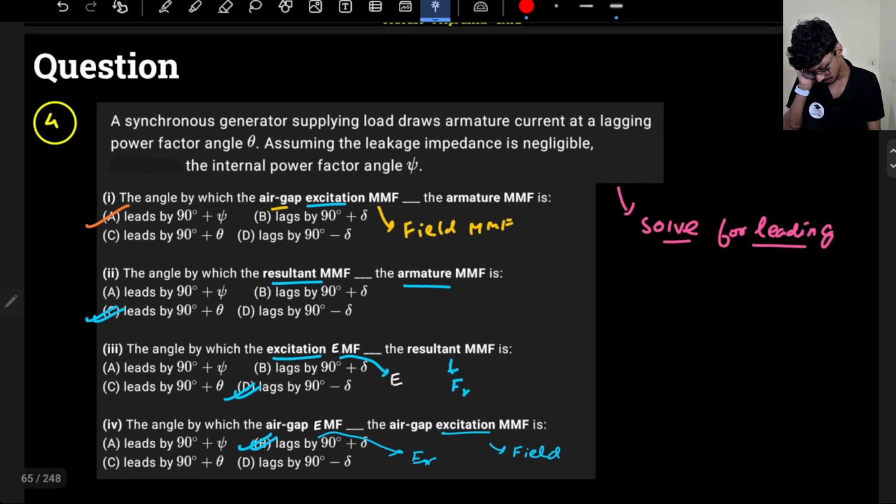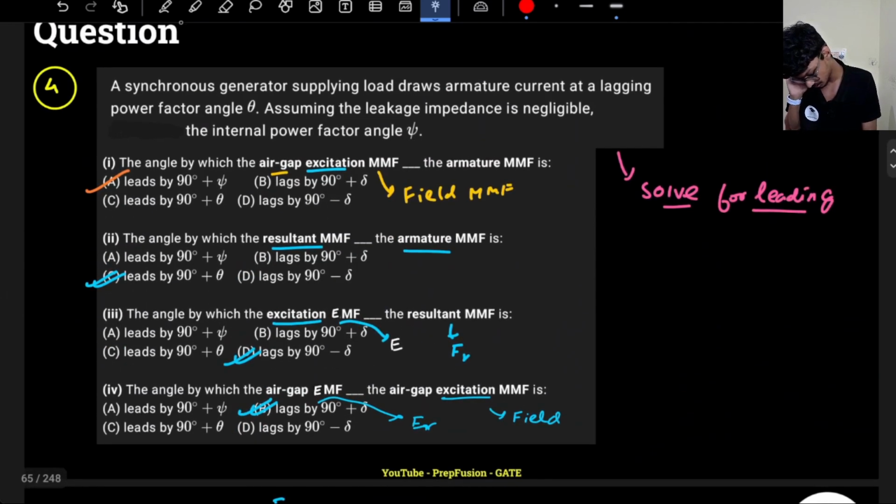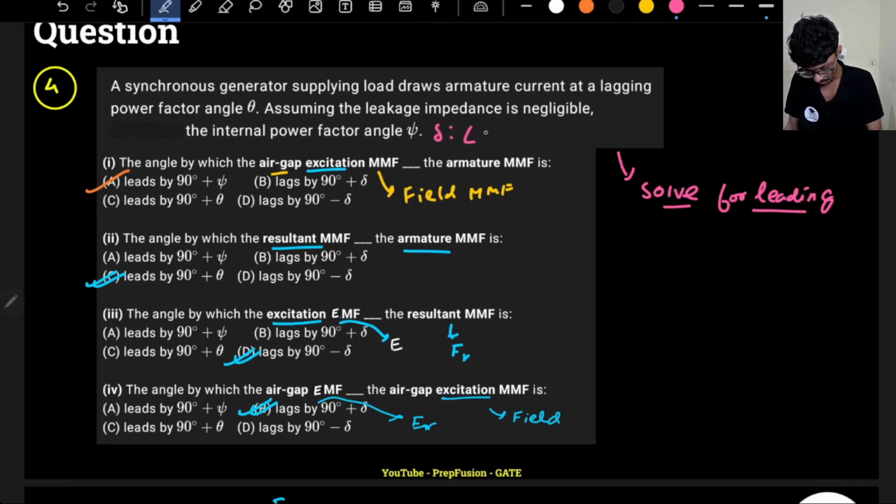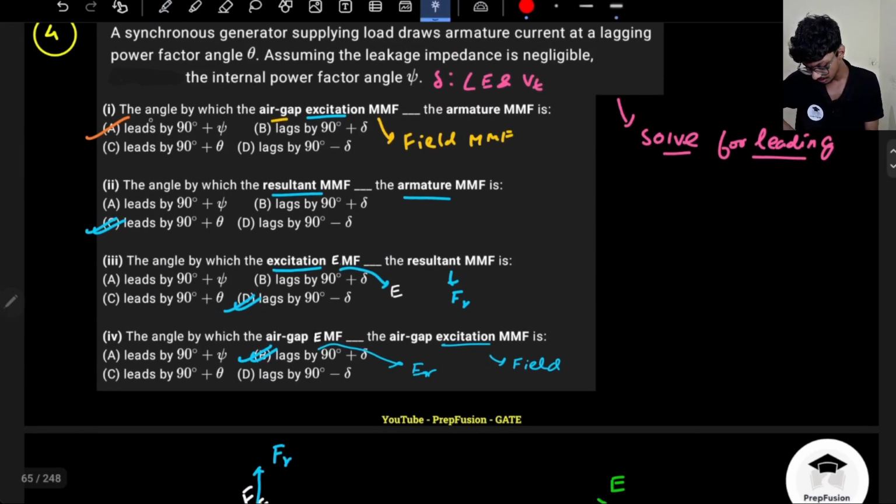Also, delta is the angle between the resultant EMF and the terminal voltage. These three pieces of information should be given to you. Now they are asking for the angle by which the air gap excitation MMF, and if excitation is given you assume it to be the main field flux, and the armature MMF.